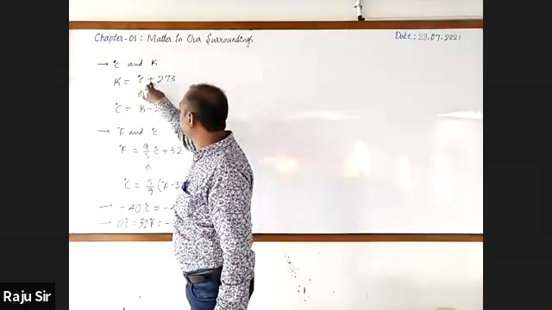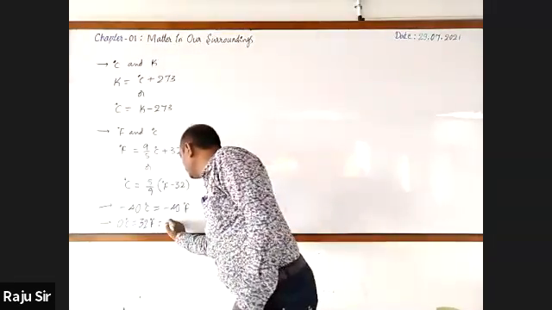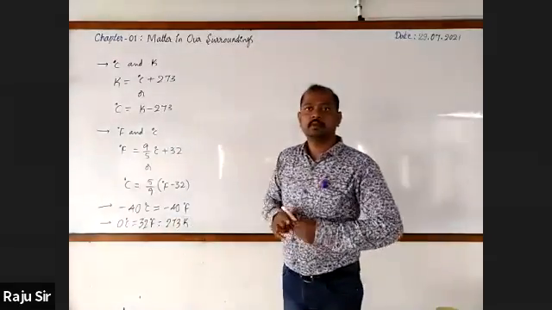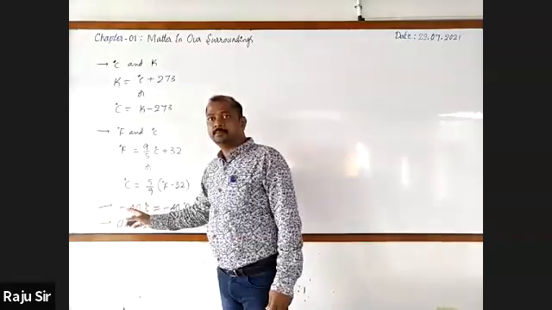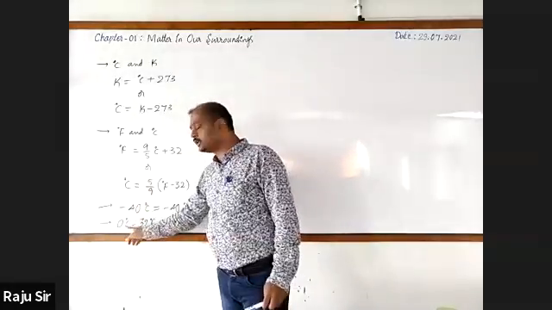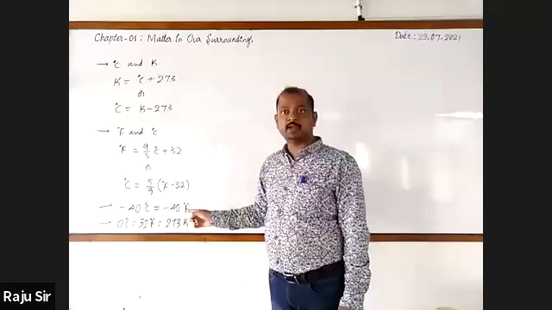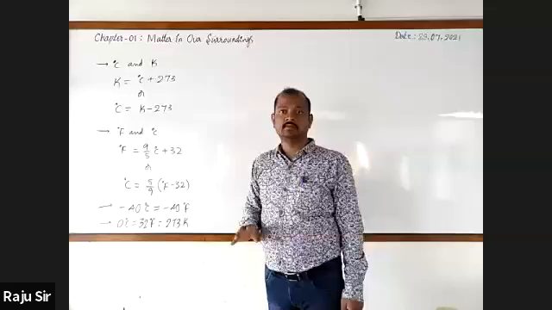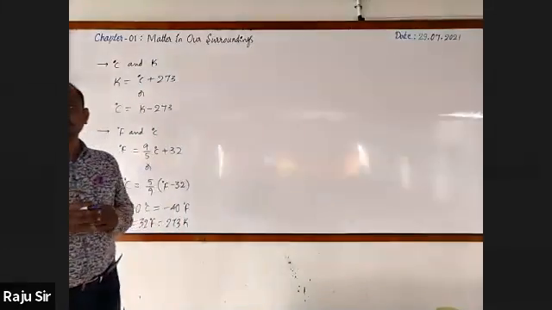Here 0 plus 273, it is 273. Hence you can write it is 273 Kelvin. Please do remember these values. Temperature in Celsius scale is 0 degree, which is equal to 32 degree Fahrenheit, which is also equal to 273 Kelvin. Okay. So this much was discussed in the last class.